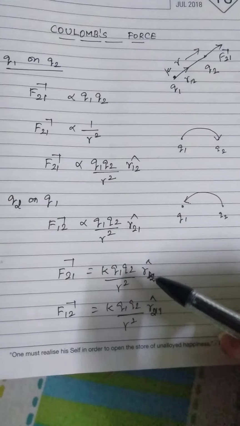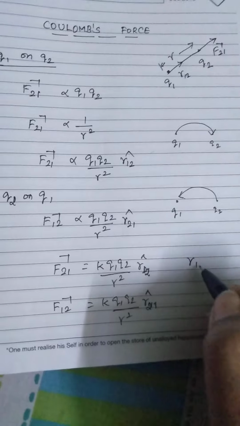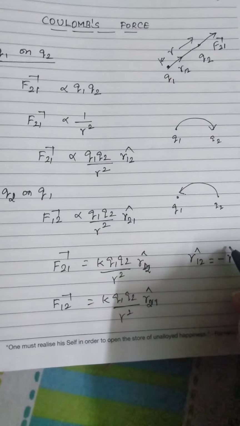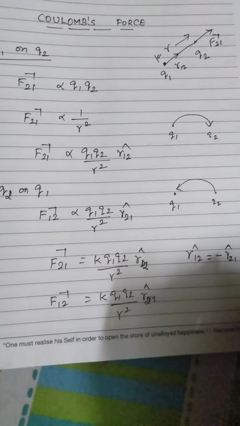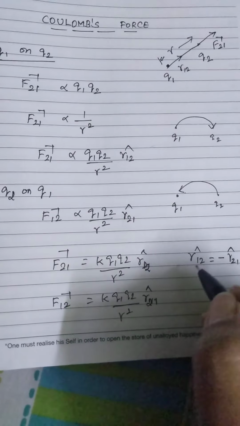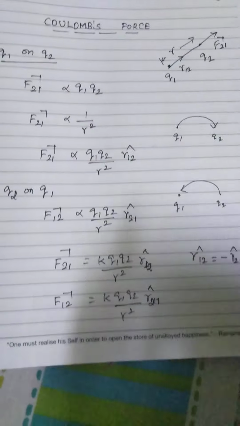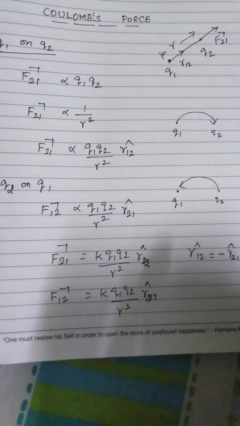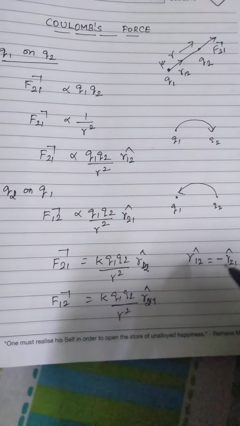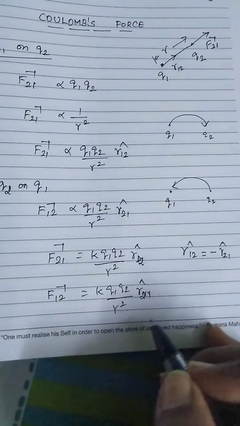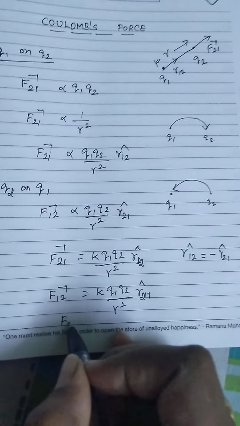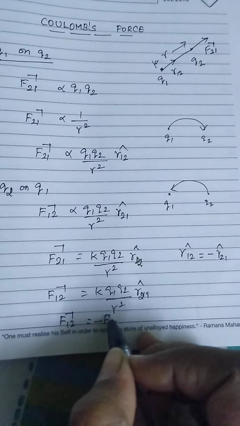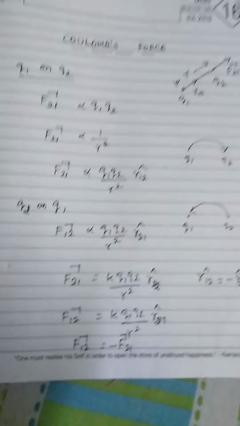The unit vector r12 cap is given by changing just the direction to r21 cap. Whenever the direction changes, the unit vector varies only in direction, which is opposite to the previous one. Then we can write F12 vector is equivalent to minus F21 vector. Thank you.